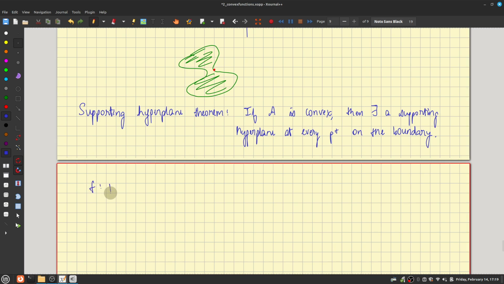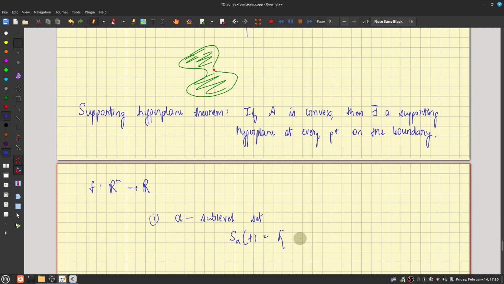Suppose I have a function from, say, Rn to R, or in general any vector space to R. I'll define two sets. The first set is the so-called alpha sublevel set, which let me call S alpha of f.